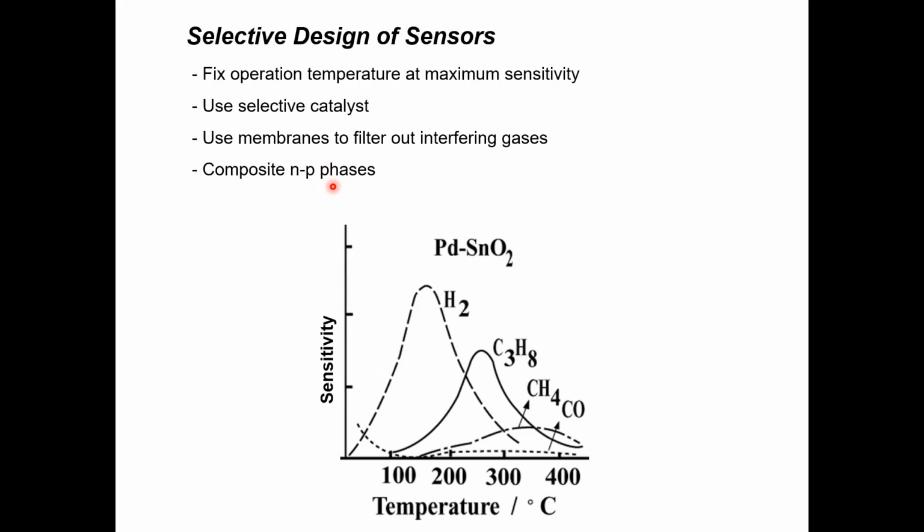But for one gas, you may be able to completely cancel out, but for the other gas, you don't cancel out. So that is another idea of making selective sensor.